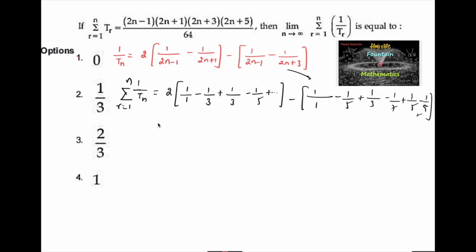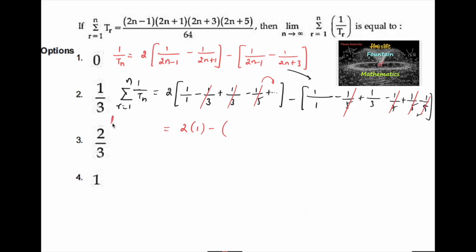So here we can see that the minus 1 by 3 plus 1 by 3 gets cancelled, and again minus 1 by 5 will be cancelled with another term, so we'll be getting only 2 times of 1, and minus here 1 upon 5 will be cancelled, and 1 upon 7 also will be cancelled for the other terms, and 1 upon 9, so we'll be left with only 1.